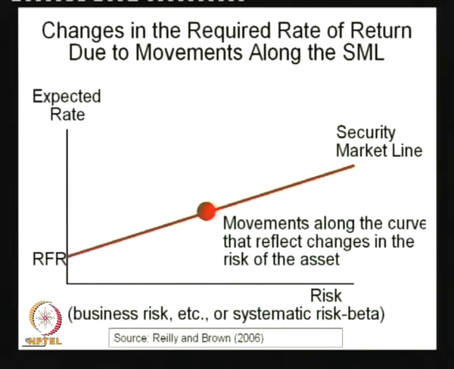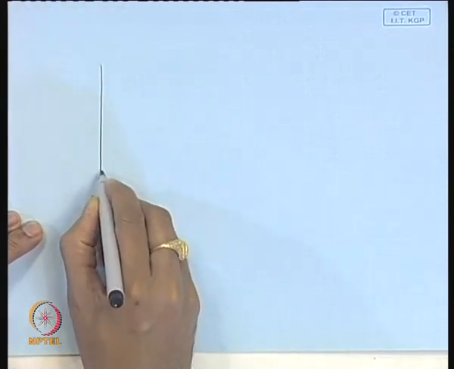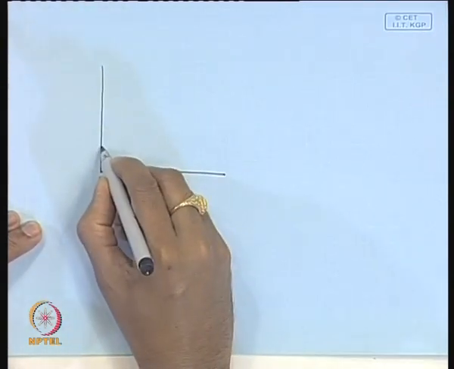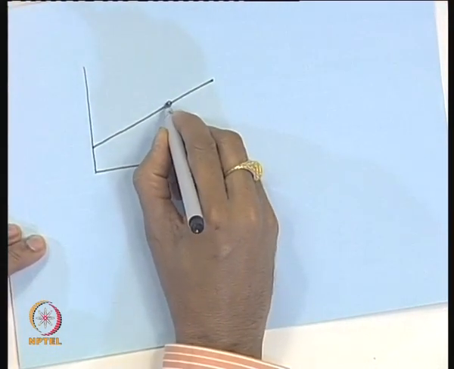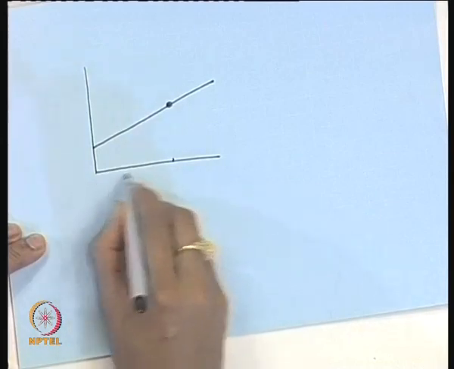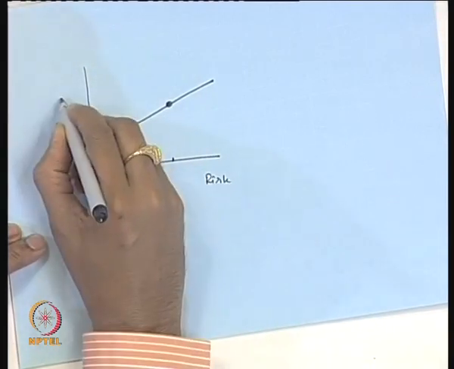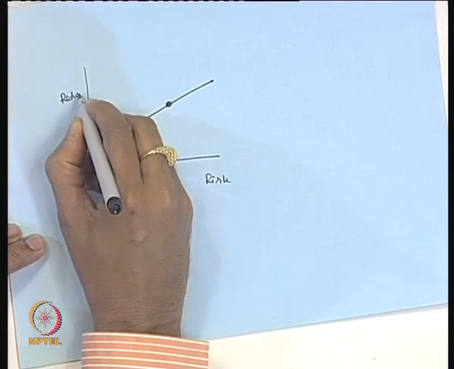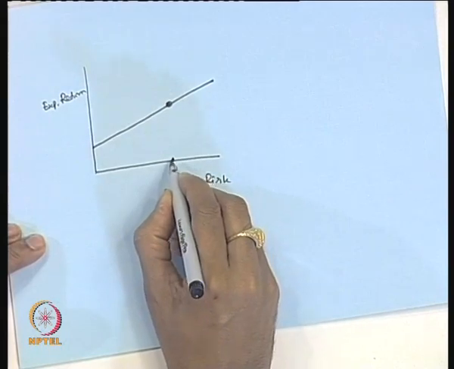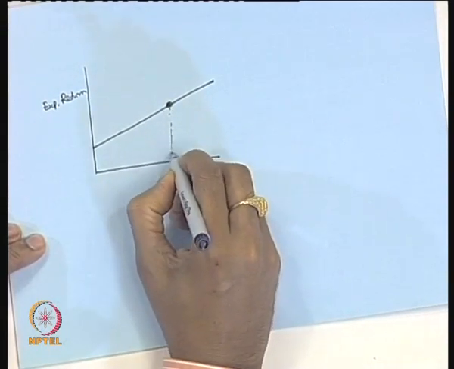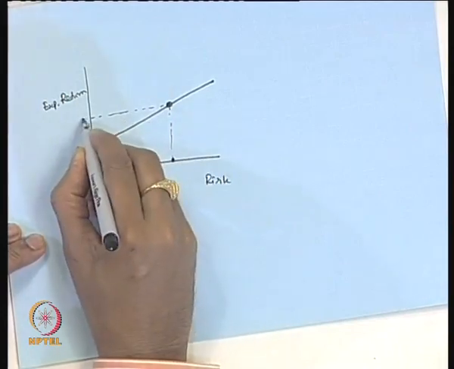If the investor feels that the investment is going to have less risk, then, if we had an SML as in the graph, at this point this is the risk involved as per the investor, and this is the return expected by the investor. If this is the risk I am feeling, obviously this is the amount of return I expect.